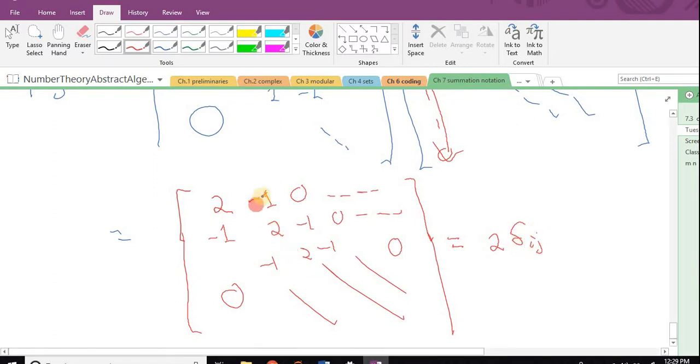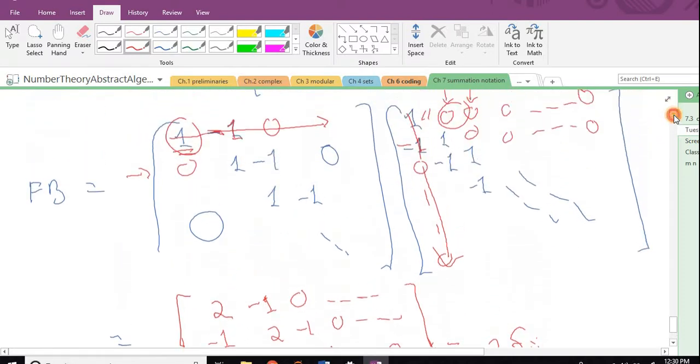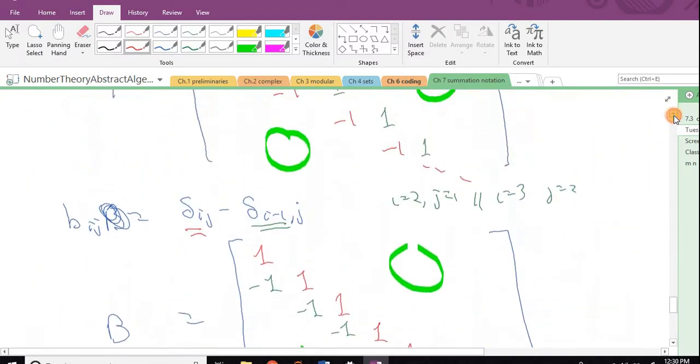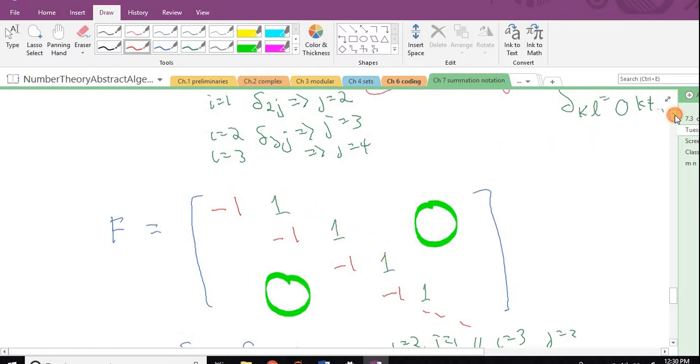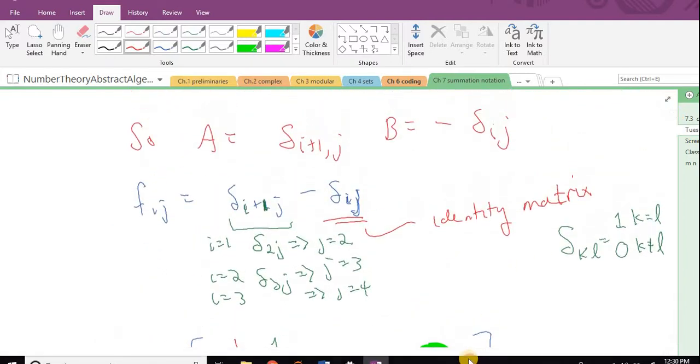Okay. And then you need the -1 here and the -1 here. Well, look, this -1 here is in the same position as the ones were here, right? Same position. Where did these ones come from?